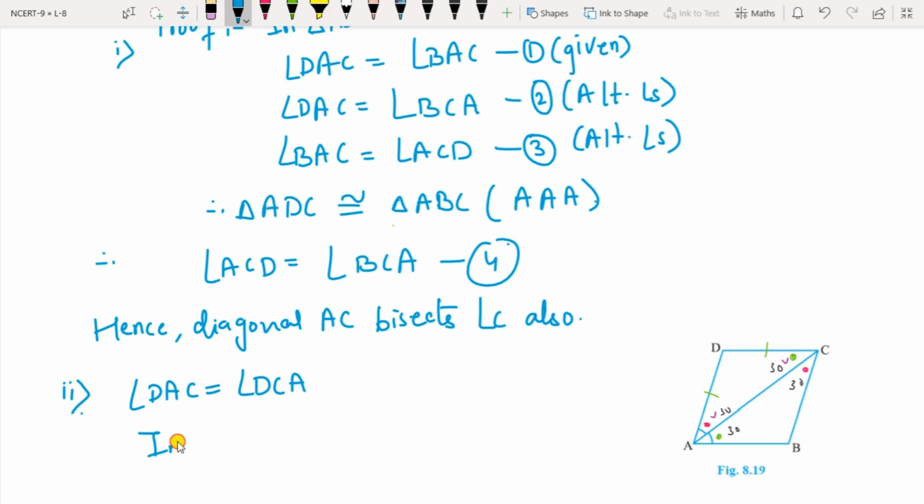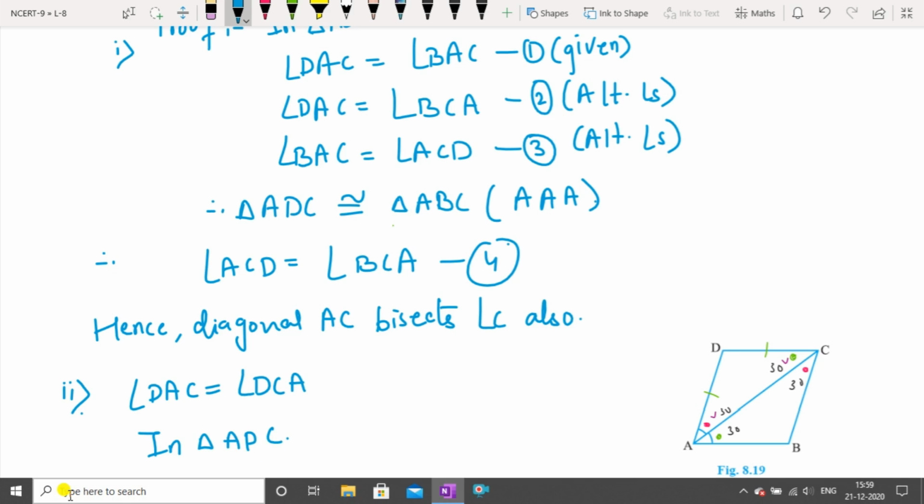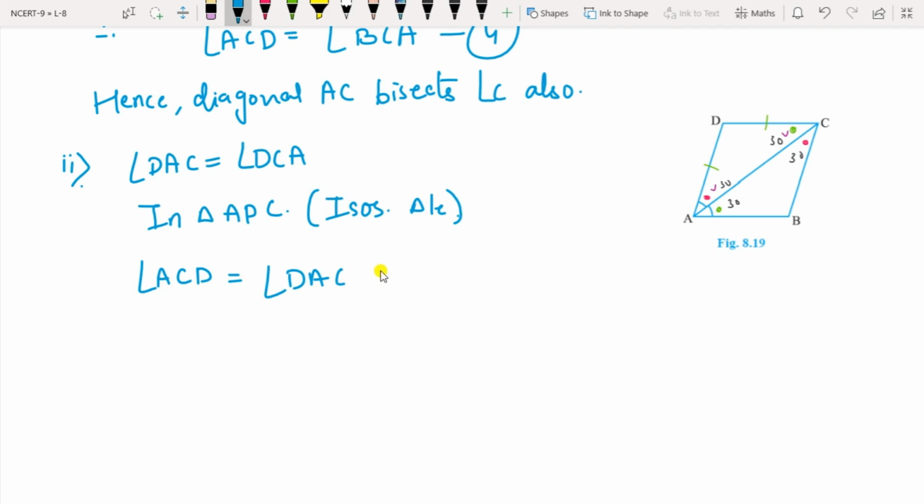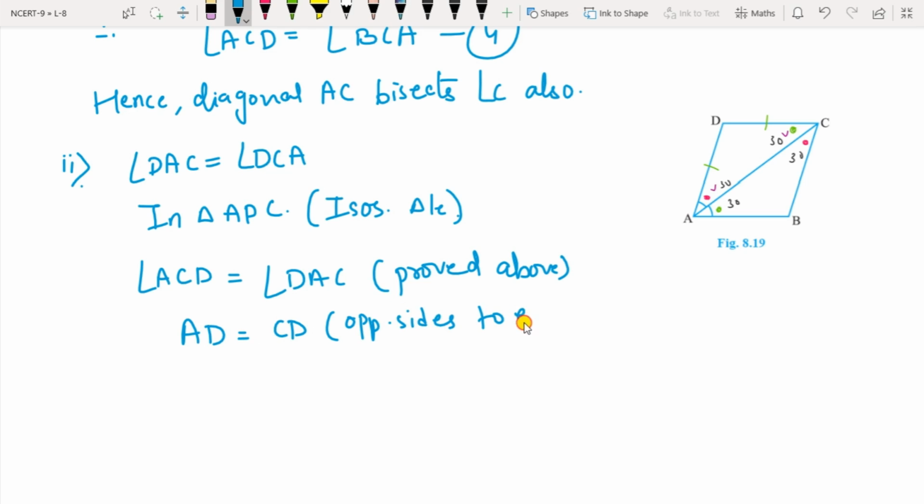So in triangle ADC, which is an isosceles triangle, angle ACD or DCA is equal to angle DAC, that is proved above, and AD is equal to CD. These are the sides opposite to equal angles.